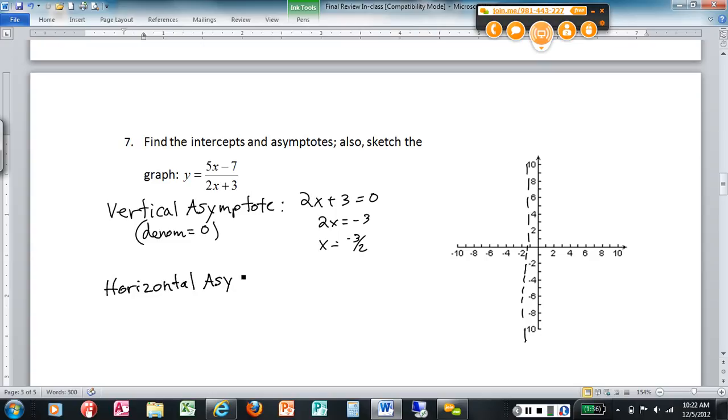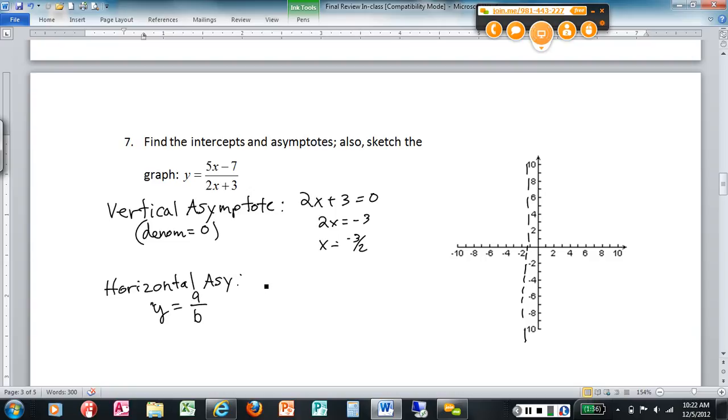What about the horizontal? Well, the way we did that, remember, is basically we just divided. We did y equals a over b, where a and b are the leading terms, where the terms match degrees.